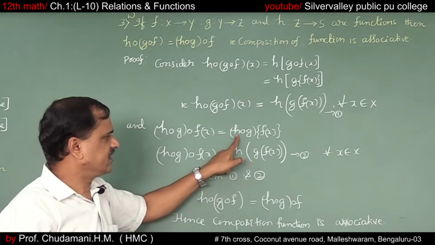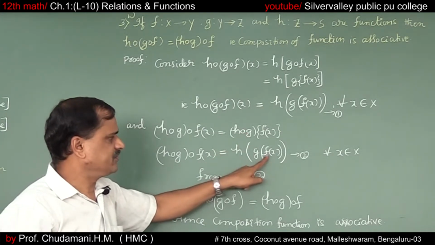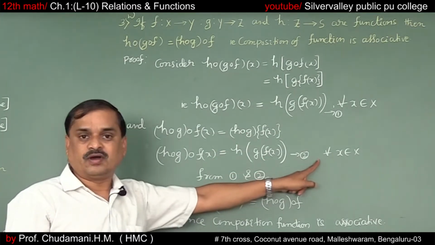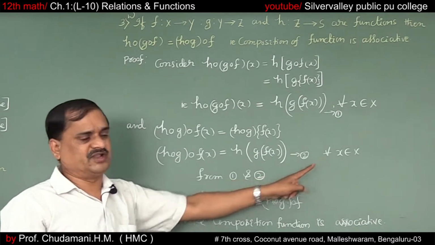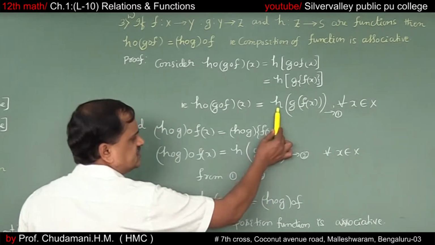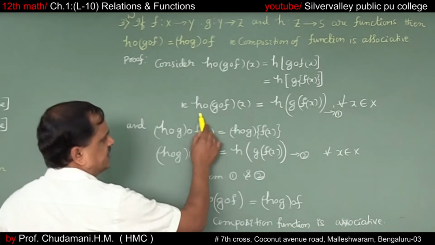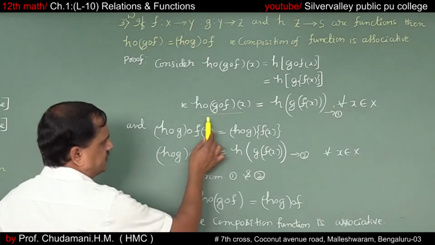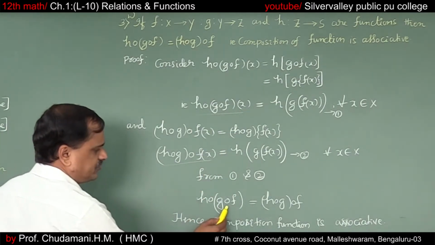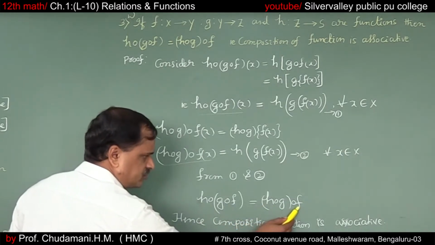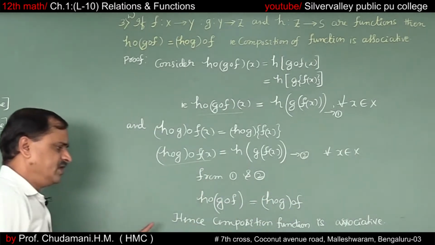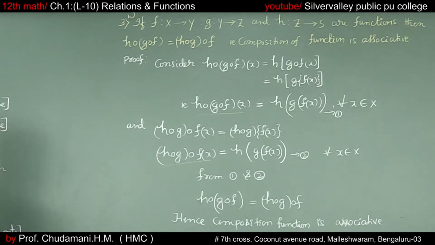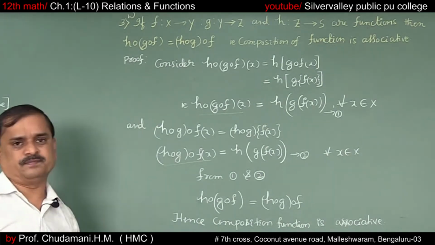This is nothing but h of g of f of x, say equation 2, for all x belongs to the set capital X. From 1 and 2, since RHS are equal, LHS can be equated. That is, composition of gof and h is equal to composition of f and hog. Hence, composition of function is associative.